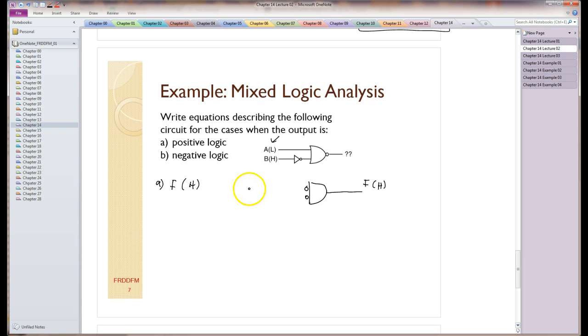Switch the gates, and I have to fill in these guys. I can't really add anything. This is a gate that expects two negative logic inputs, so I have to make sure I give it negative logic inputs. Once I do that, I can read directly off the gate. It looks like it's the gate that's performing an AND function.